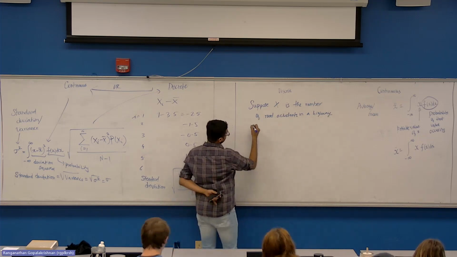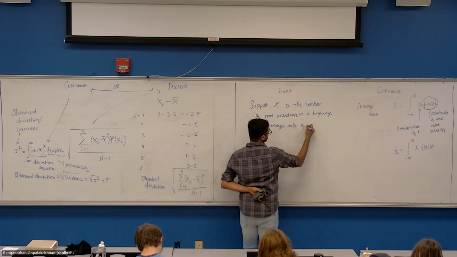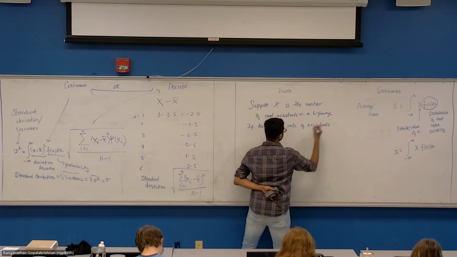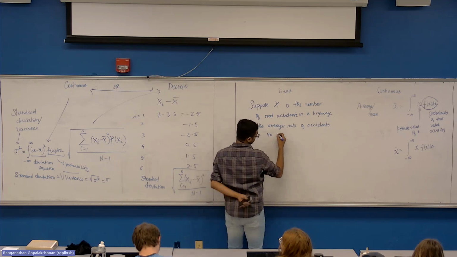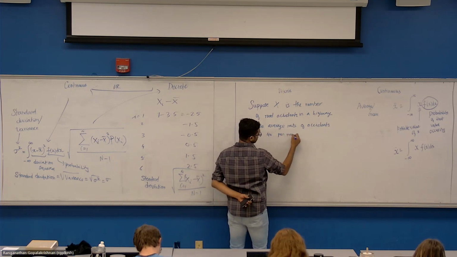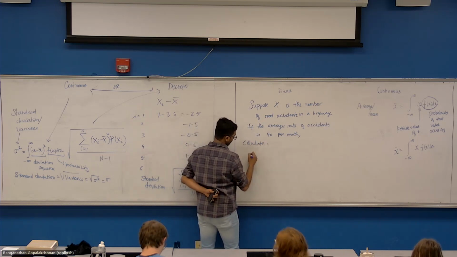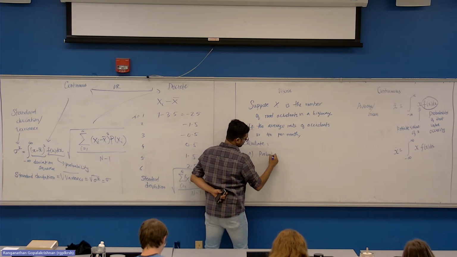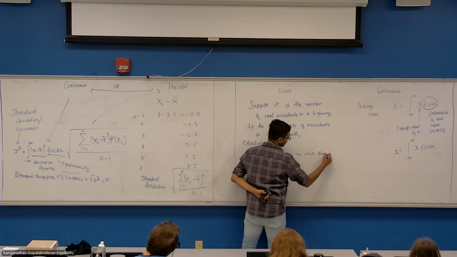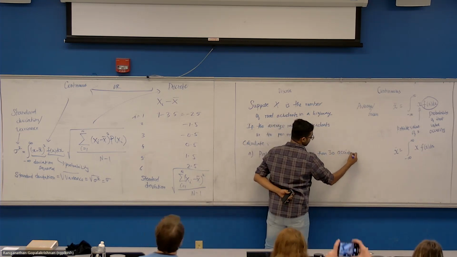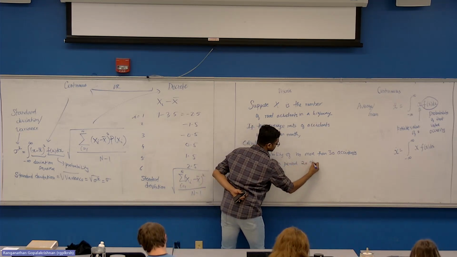If the average rate of accidents is, not 400, maybe it's like 40 per month, calculate the probability of no more than 30 accidents in a period of 20 days.